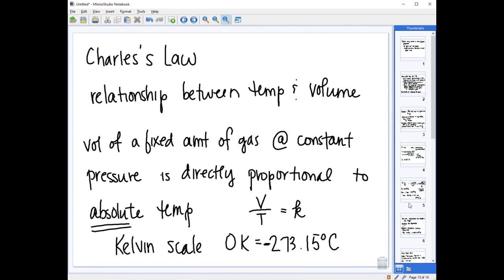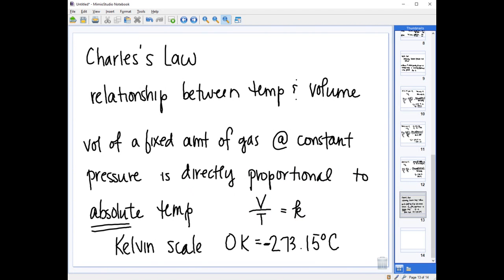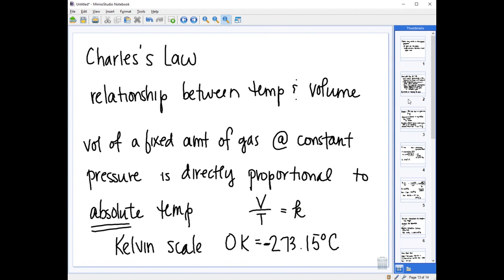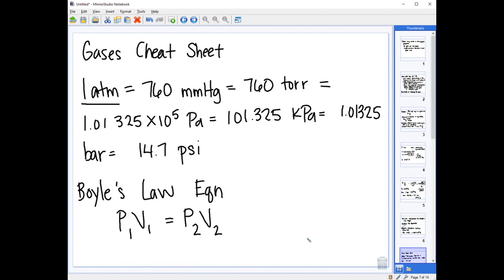So I'm going to go back up to my cheat sheet, and I'm going to add another equation, my Charles's law.